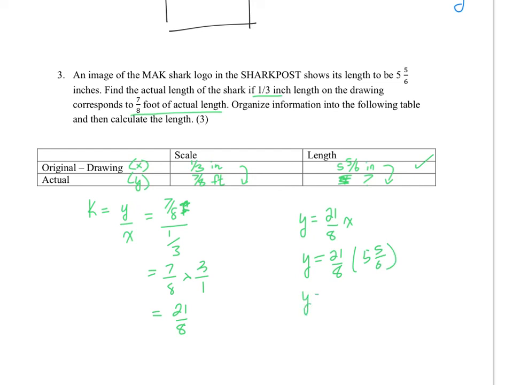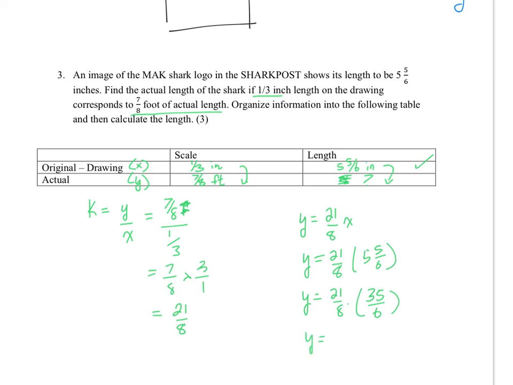So y equals 21/8 multiplied by 5 times 6 is 30 plus 5 is 35/6. And so I need to multiply this out in order to find the new length.